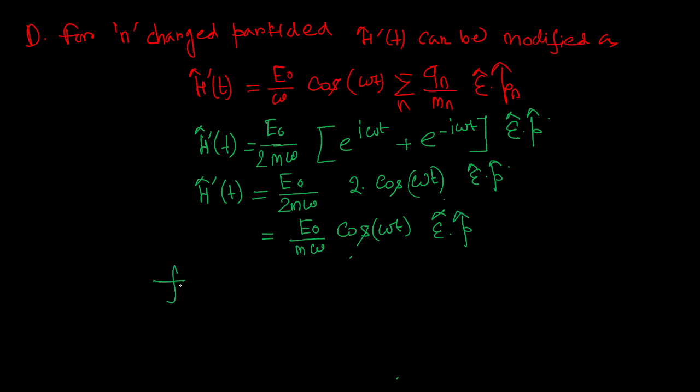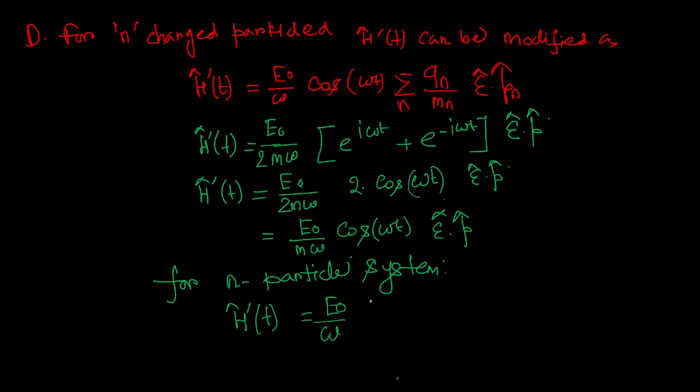Now for an n particle system, it can be written as E0 by omega. We can take out cos omega t. Now I missed the charge over there.